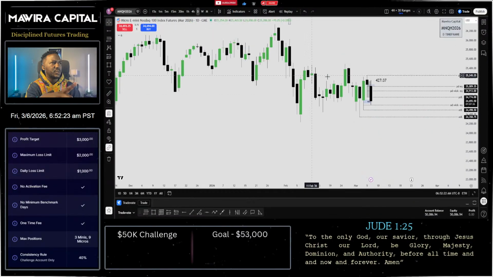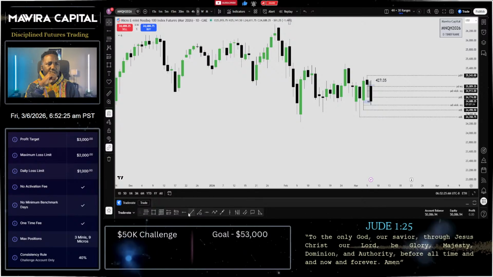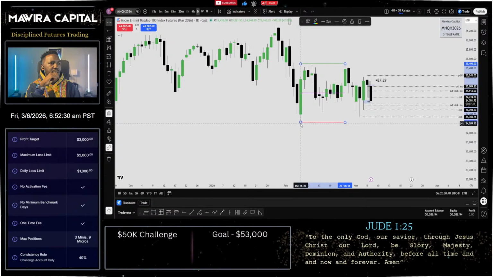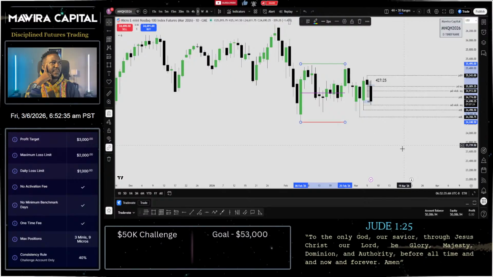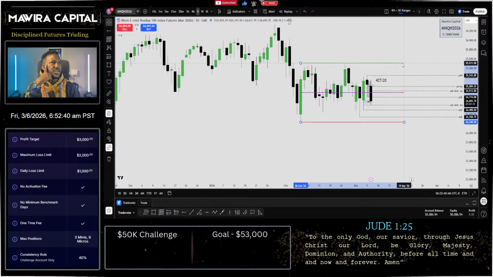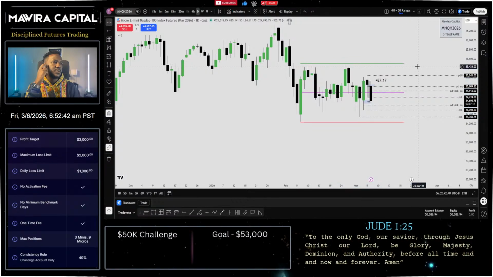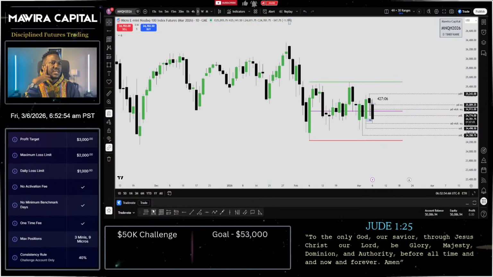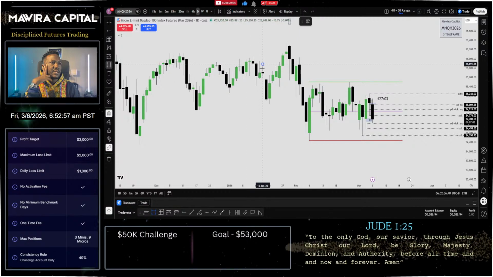Again, we are consolidating here currently between this high and this low here. So we're just ping-ponging in here. We are in that range. Again, I'm seeing this is a daily breaker here, in my opinion.